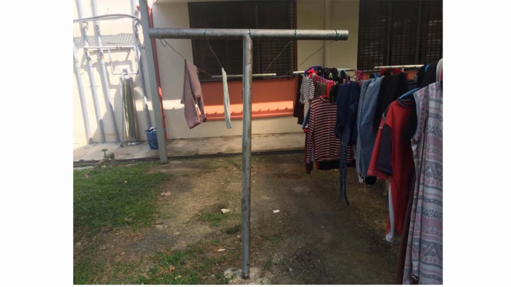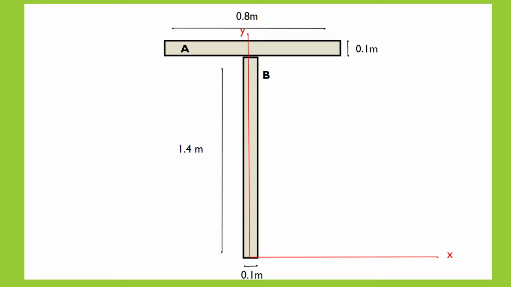Now we are going to calculate the moment of inertia of the clothesline. The cross-section that we take is the side part of the clothesline. As you can see, we divided the part into 2 rectangles, A and B. Let's look at the A part.